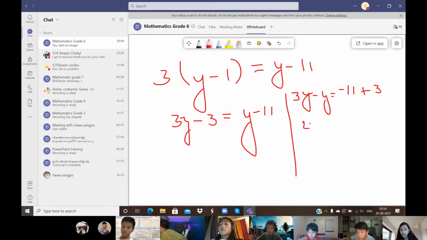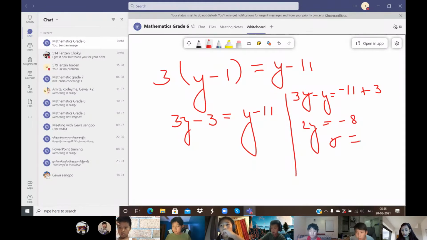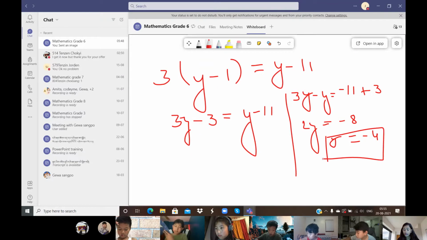It will be 2y is equal to negative 8. Then y is equal to negative 4. Very good. So this is the way you can solve a linear equation.